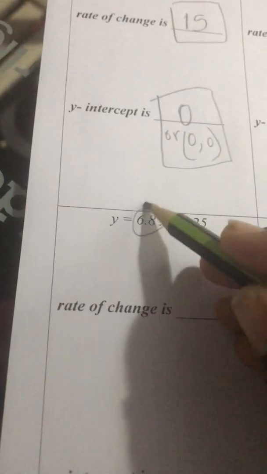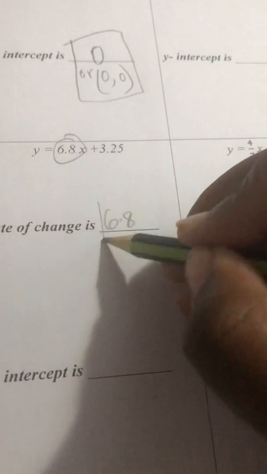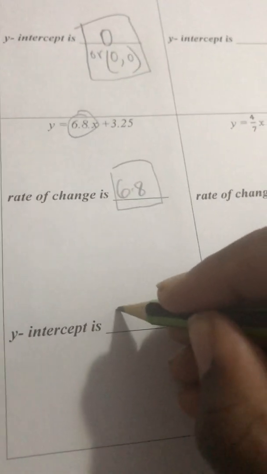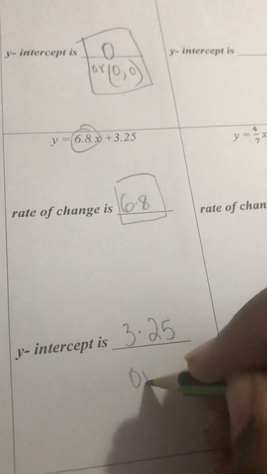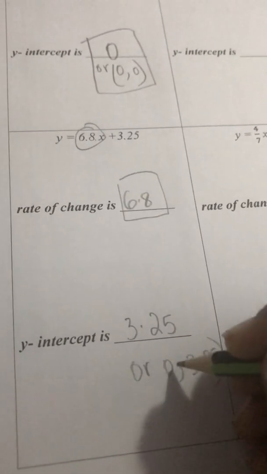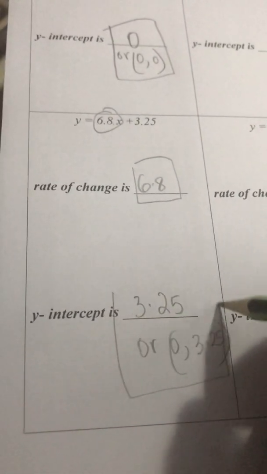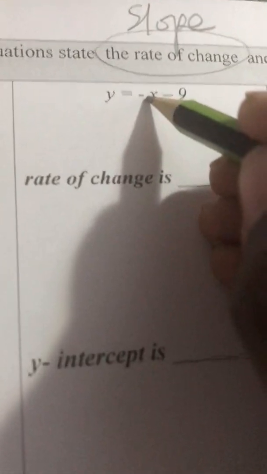My slope is 6 8/10. My y-intercept is 3 25/100, or 0, 3 25/100. My slope here, there is no number with x.